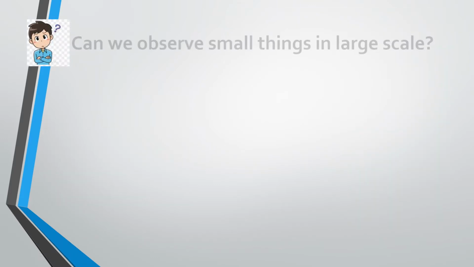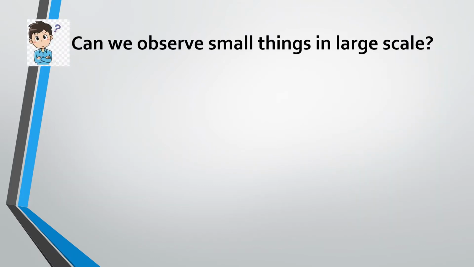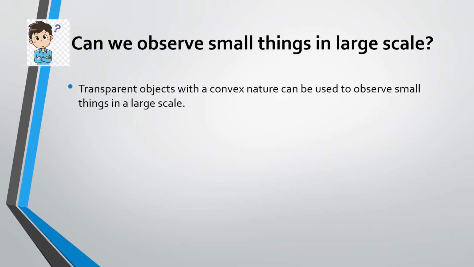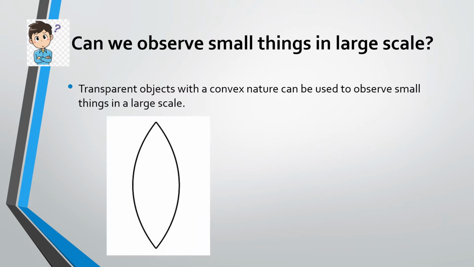First, I would like to ask a question from you. Can you observe small things in large scale? Or can you magnify very tiny objects and observe them? Actually, you can do it because we have convex lenses. The convex lenses are transparent glass objects which are having convex nature.